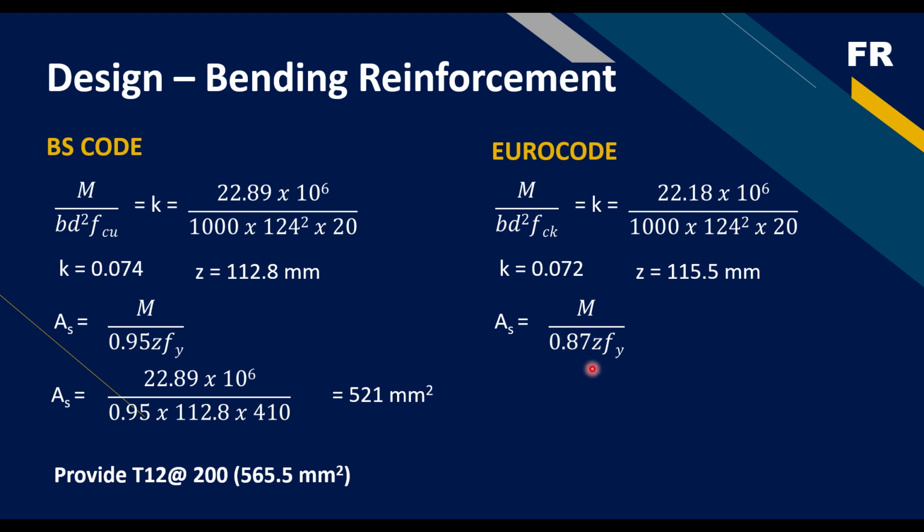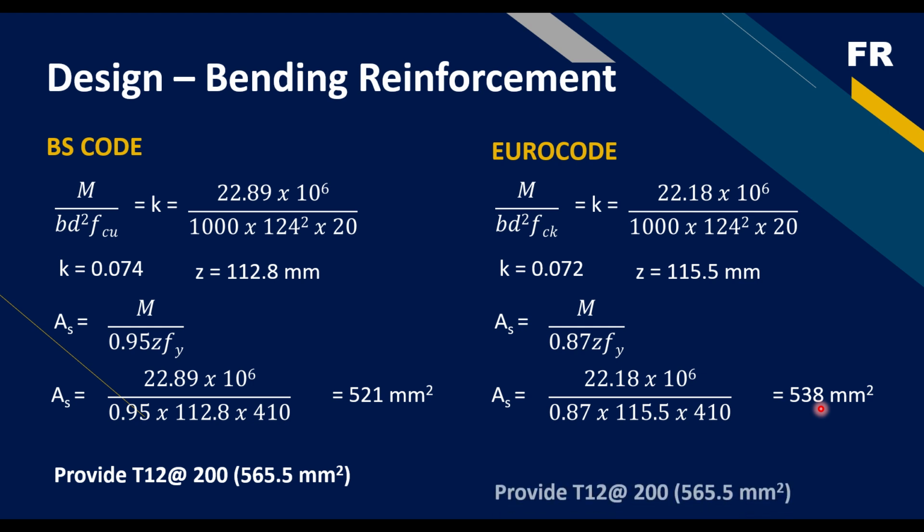So it was reduced so that the reinforcement will be slightly higher. So at the end of the day, we have reinforcement of 538. You see, BS code is 521, Eurocode is 538. They are very close. So based on the design, you can provide the same thing, T12 at 200 spacing.